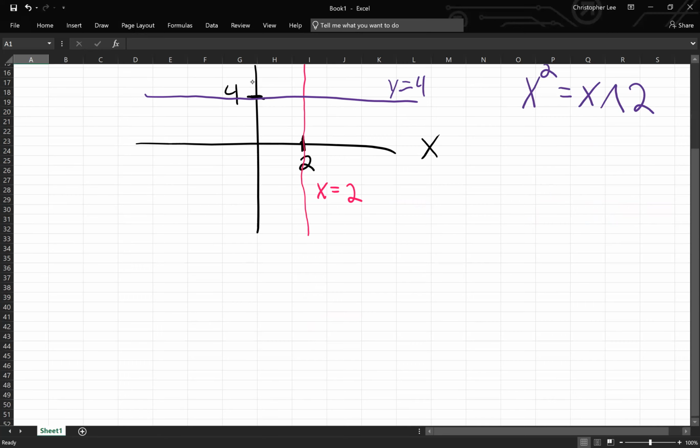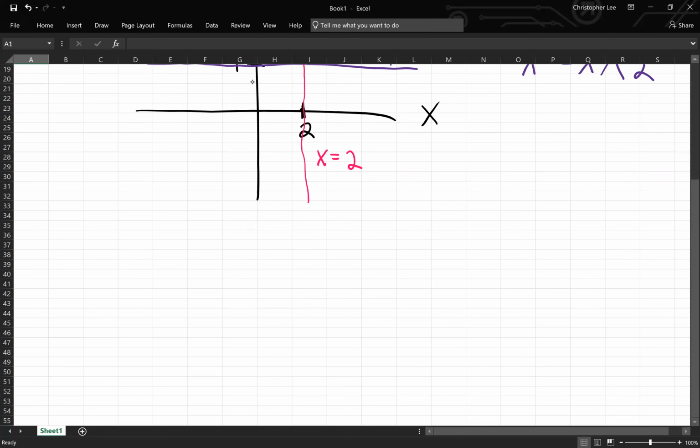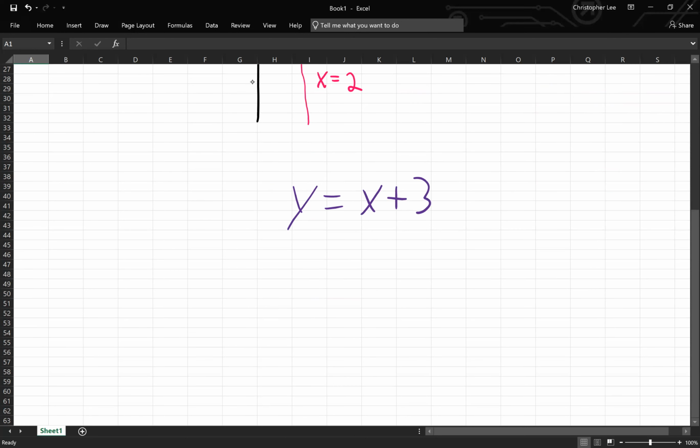Wait, say it again. Y equals x plus 3, and I'm finding what? Oh, the x and the y intercept. All right. Your y-intercept crosses the y-axis when x equals 0.